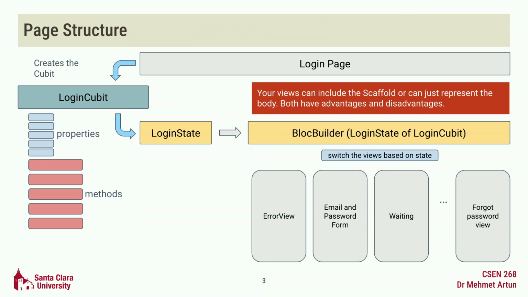Those properties should really be living inside the Cubit, okay? And the Cubit will have certain methods. Certainly one of the methods of the Cubit will be to call the repository sign-in method. And one of the properties of the Cubit will be the repository, because the Cubit should be able to call the repository. So the repository should be one of the properties, and the methods should include a sign-in method, okay?